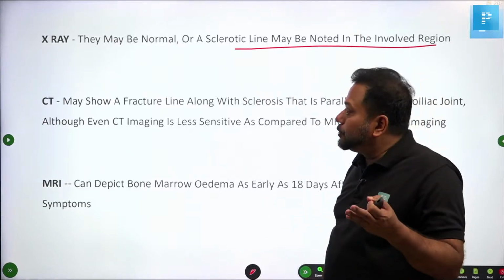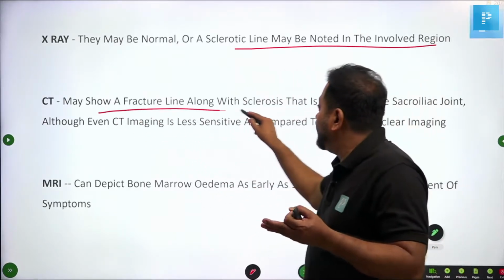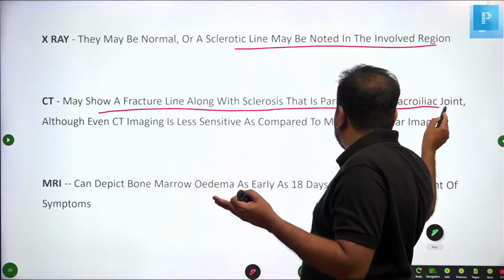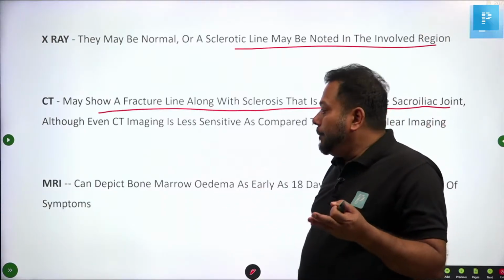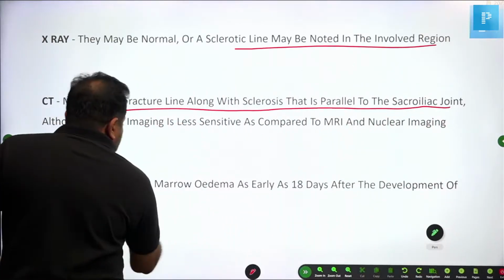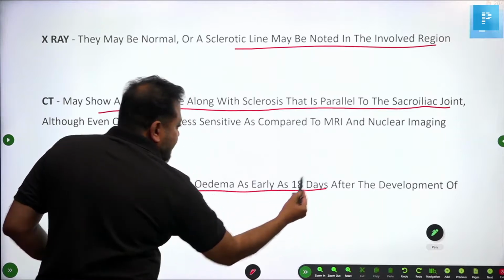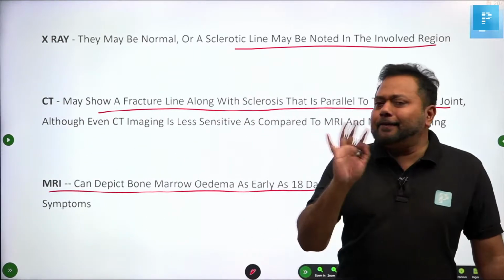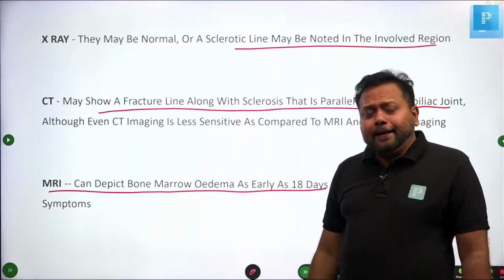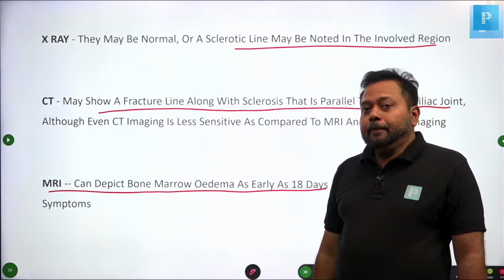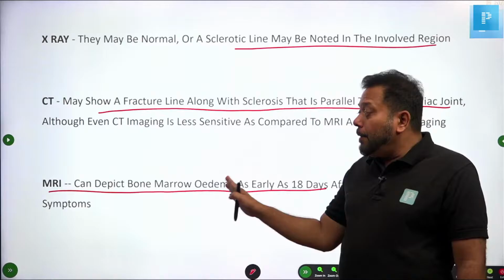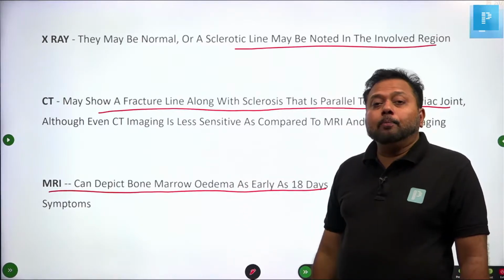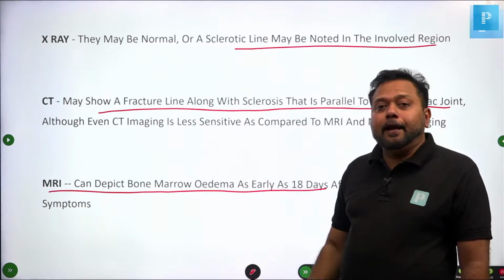CT scan may show a fracture line along with sclerosis parallel to the sacroiliac joint. MRI can depict bone marrow edema as early as 18 days after development of sacral insufficiency fracture, because X-ray is not reliable. Practically speaking, it won't show anything. CT scan may show. MRI may show bone marrow edema as early as the 18th day.